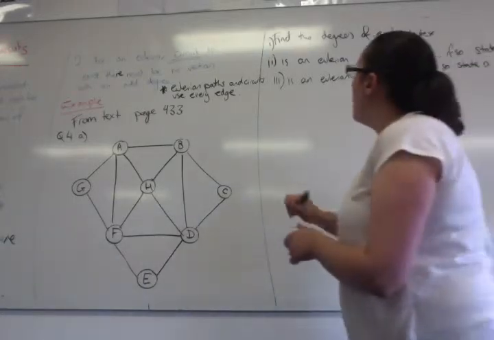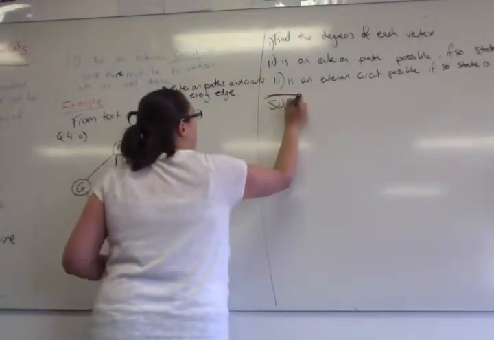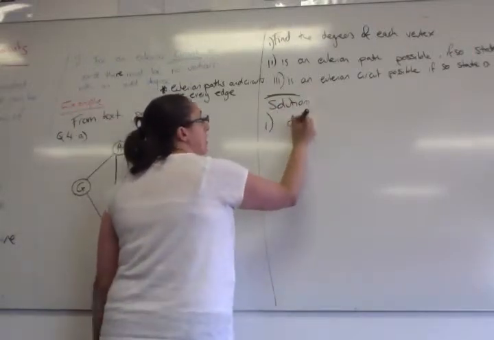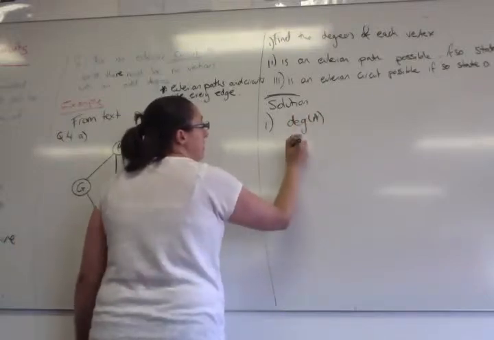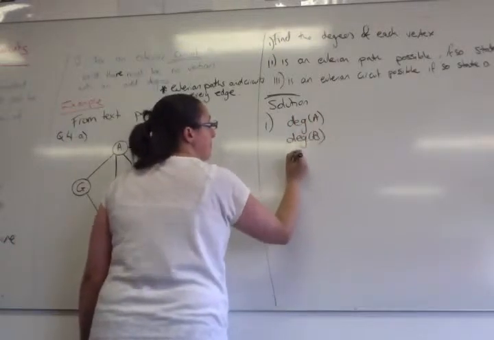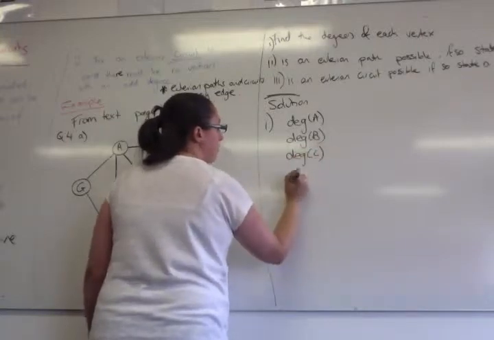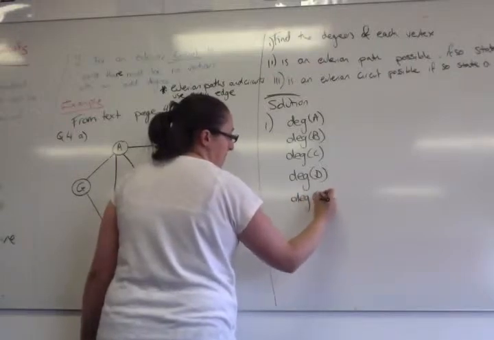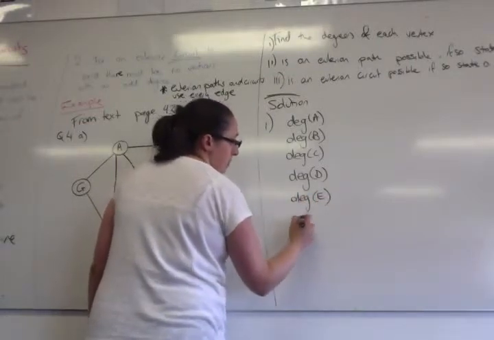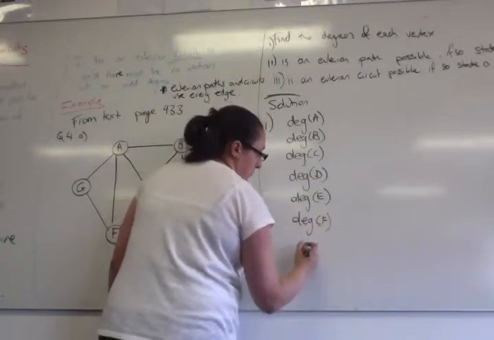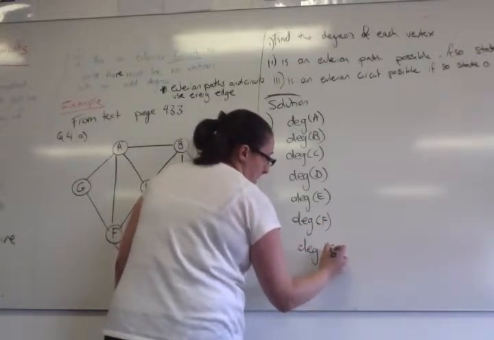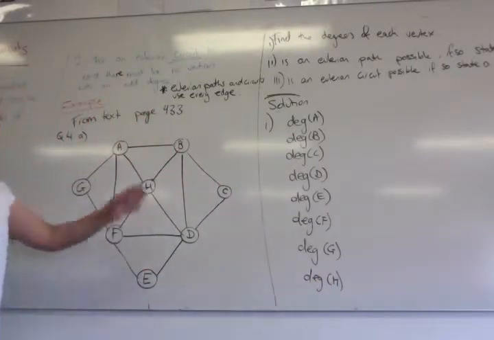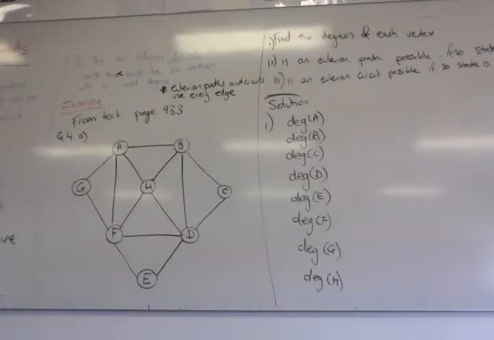So, for part 1, the degree of A, the degree of B, and all the way through.